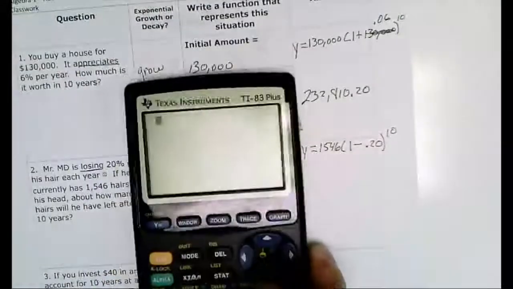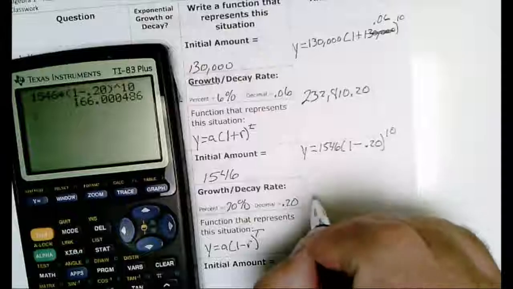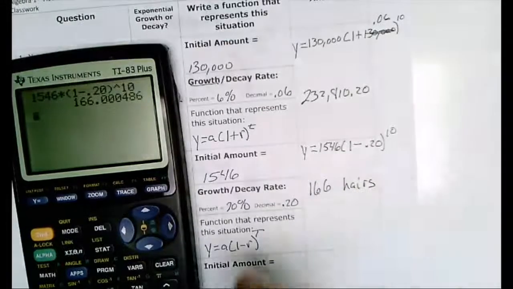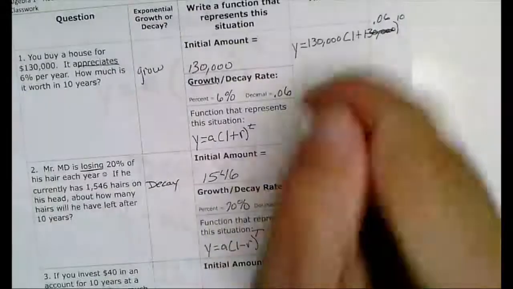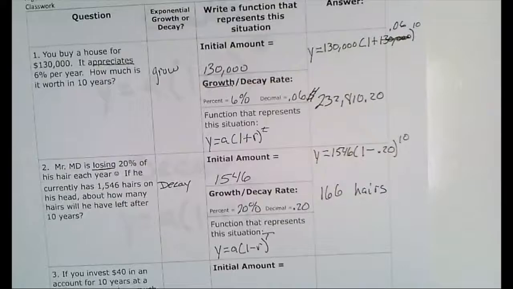Okay, and again, make our lives easier. 1,546 times 1 minus 0.20 to the 10th power gives us, he'll have 166 hairs on his head in 10 years. Okay? So let's go on.